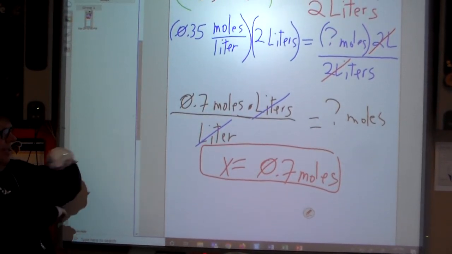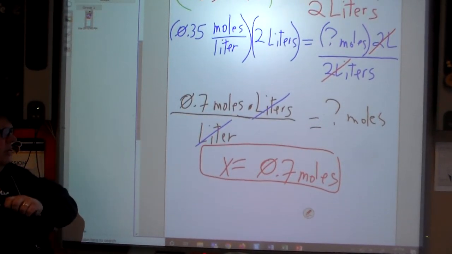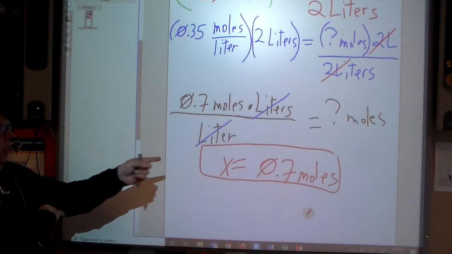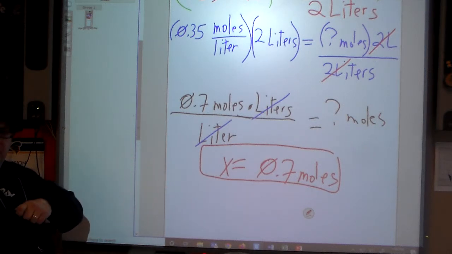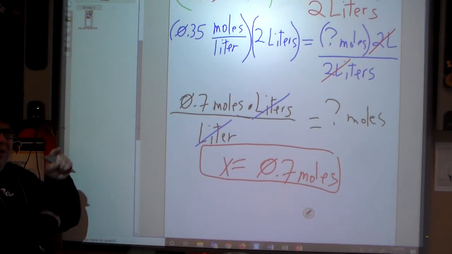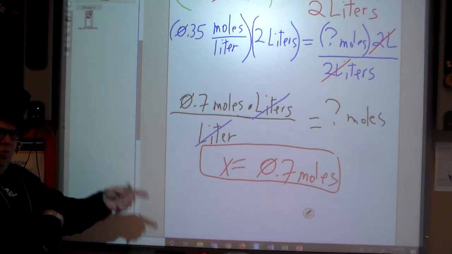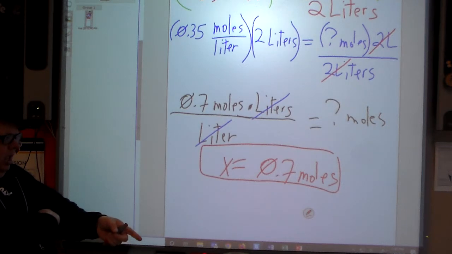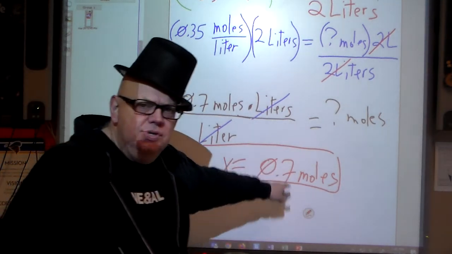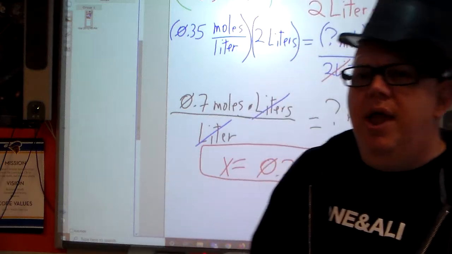Okay, so the next question is, well, a mole is a number, and we need to weigh that in grams. But I have numbers. How do I change that to grams?